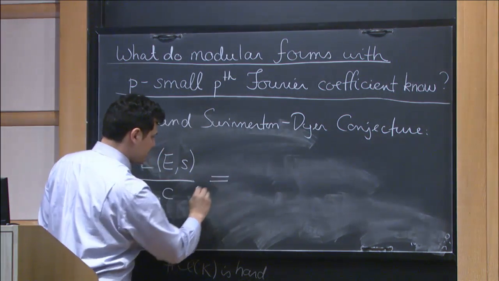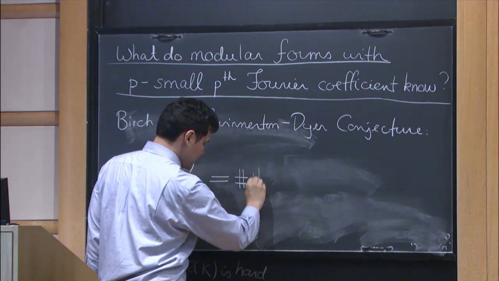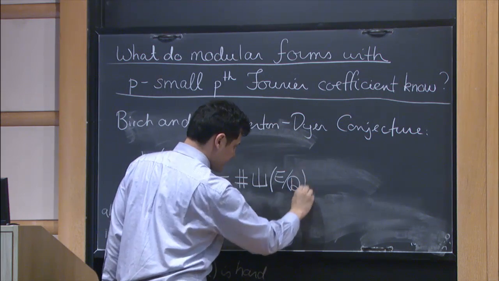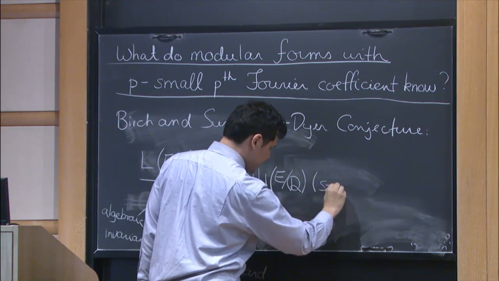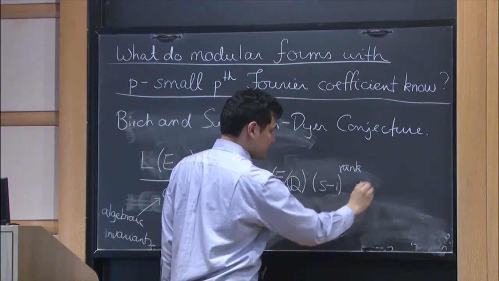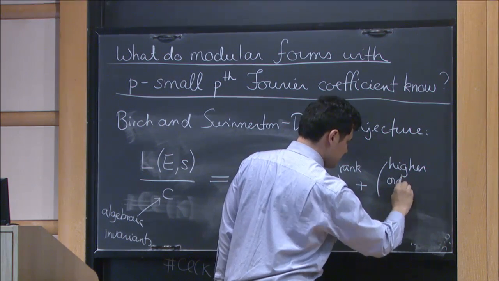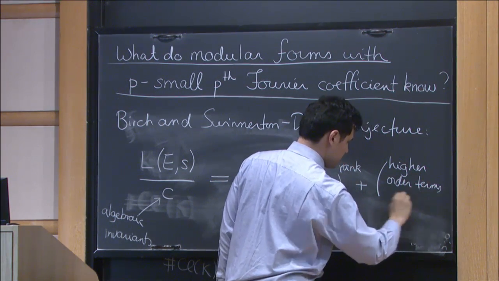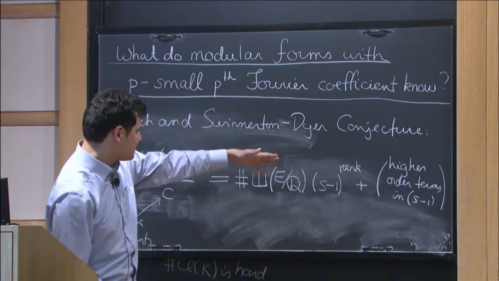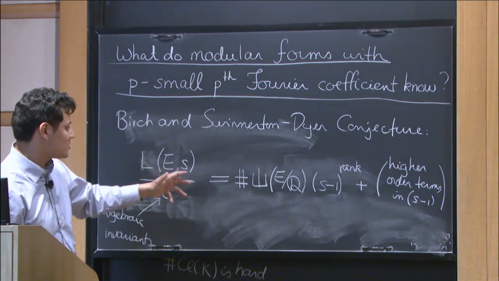And this is equal to the size of a certain group called the Tate-Shafarevich group times (s minus 1) raised to the rank plus a bunch of higher order terms in the variable s minus 1. So (s minus 1) to the rank plus 1 times some constant which is not specified.